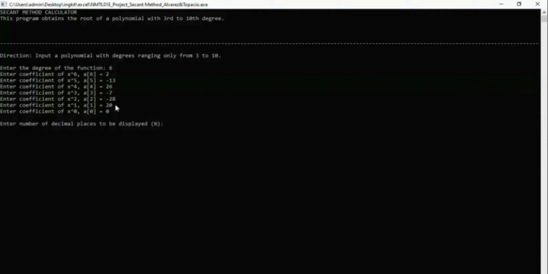For the number of decimal places to be displayed, I prefer up to 6, and for the pre-specified criterion, 0.00001. For my initial value for x sub i minus 1, I'll put 6, and for my x sub i is 7.